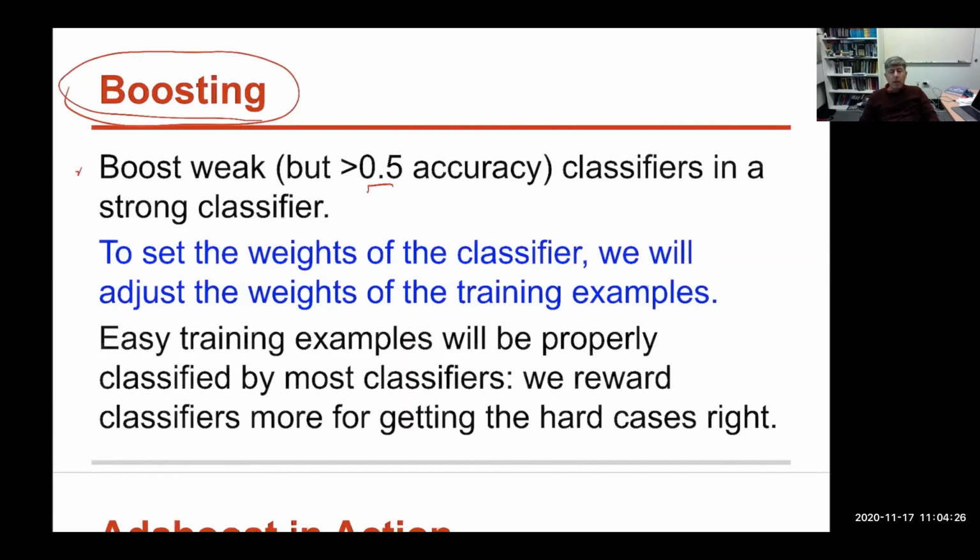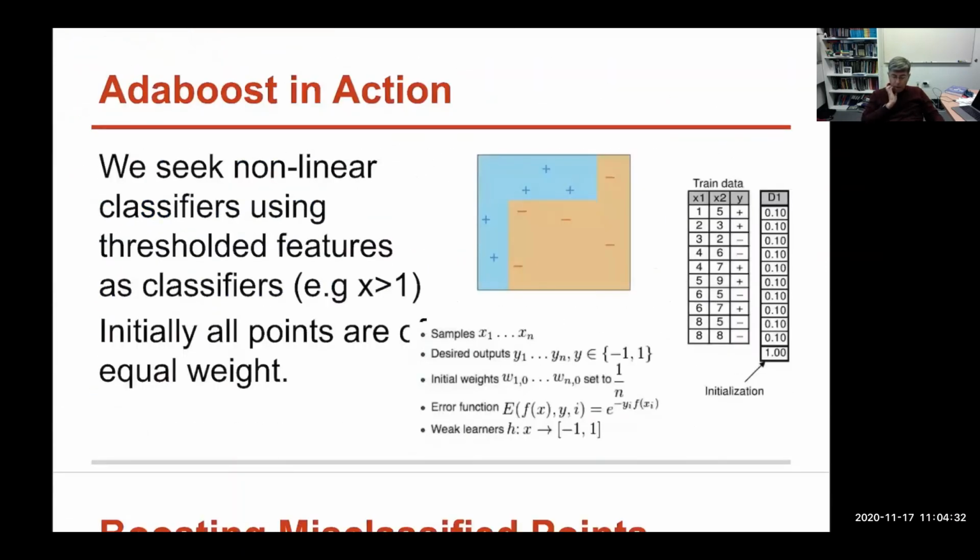And the claim is that with boosting, we're going to try to weigh our examples over time to build a combination of classifiers, and figure out how to weigh the classifiers so that it ends up getting basically all the points right eventually. And it does it by rewarding classifiers that get the hard examples right. So what is the idea? We're going to want to use weak classifiers.